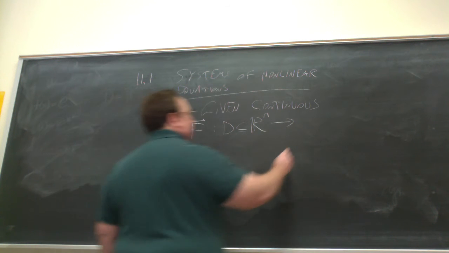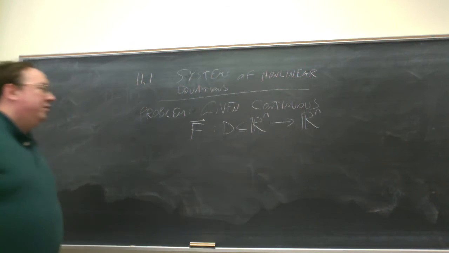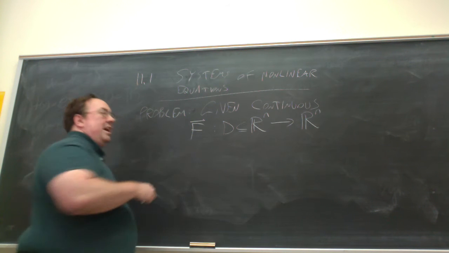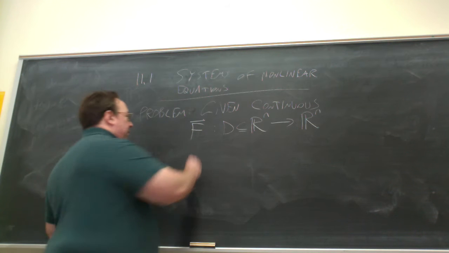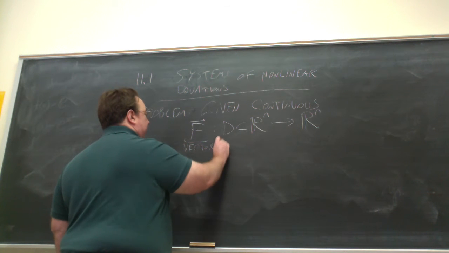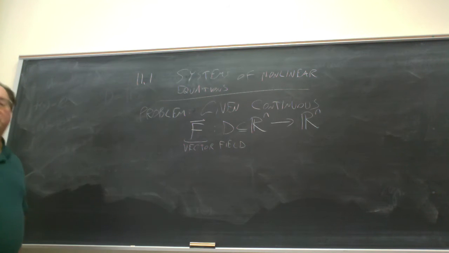And its output is also n-dimensional space. So this is a vector valued function, which is why I have the vector symbol. You could think of this as a vector field, because its input is a vector and its output is a vector of the same length.